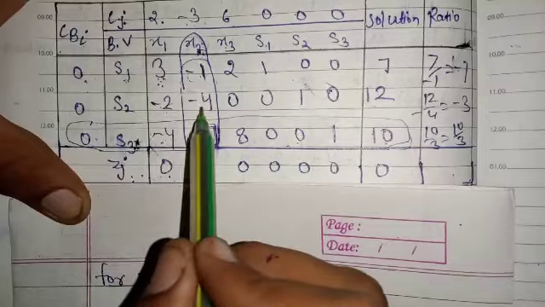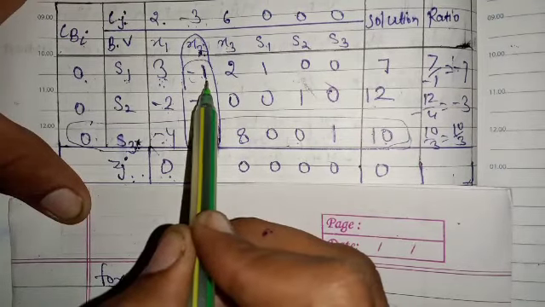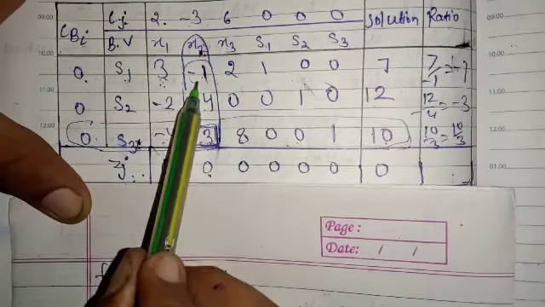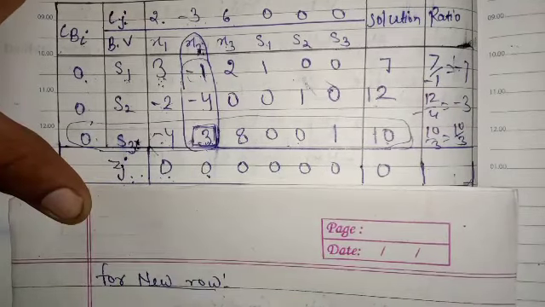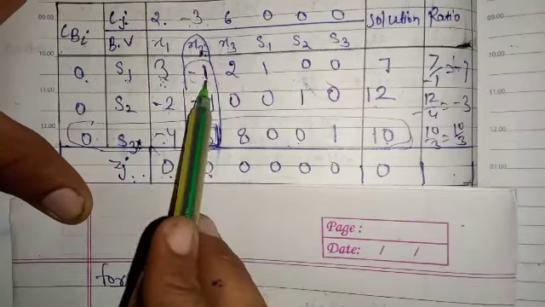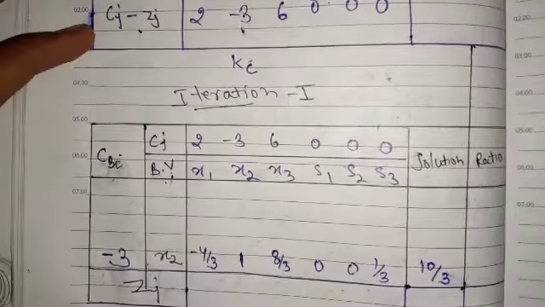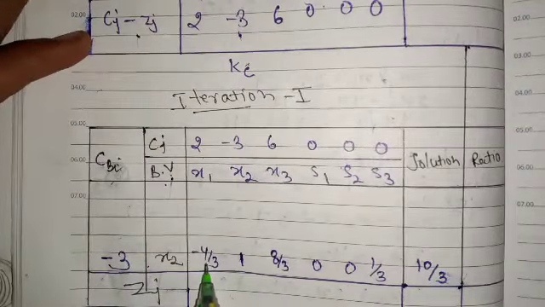For s2 the corresponding key column value is 4. For s1 the corresponding key column value is minus 1. The formula is old value minus the corresponding key column value, minus 1, into the corresponding new value. So in the first iteration, the new value is minus 4/3.